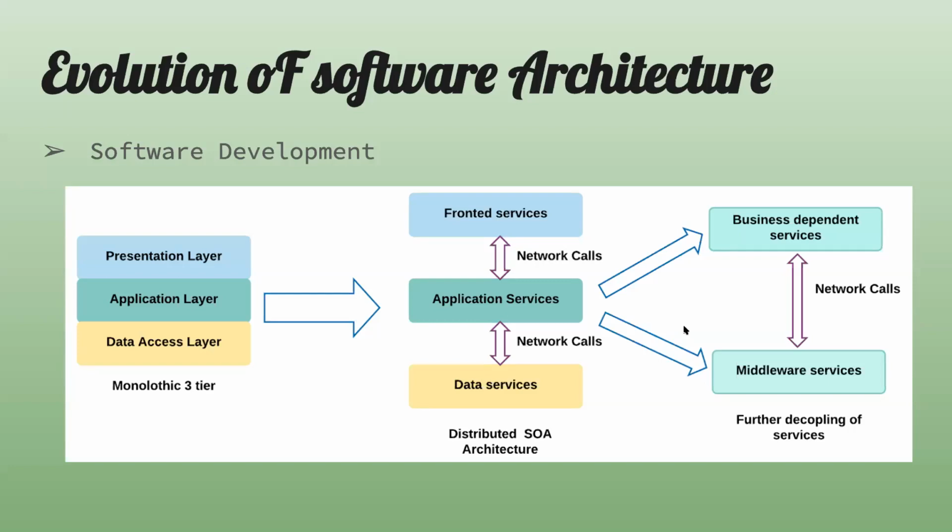The front end itself is a separate software, the application is another software, and data is another software. Earlier, the front end presentation layer was not isolated and did not run separately; it didn't have that capability.